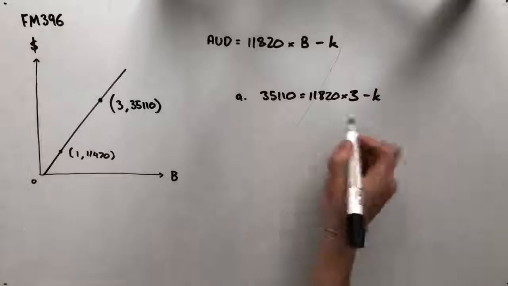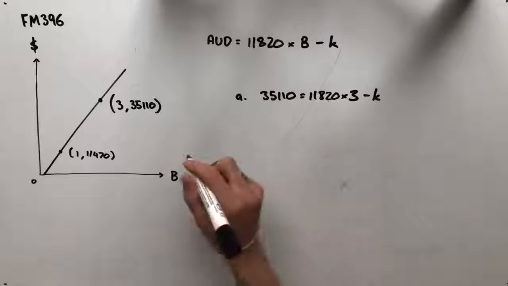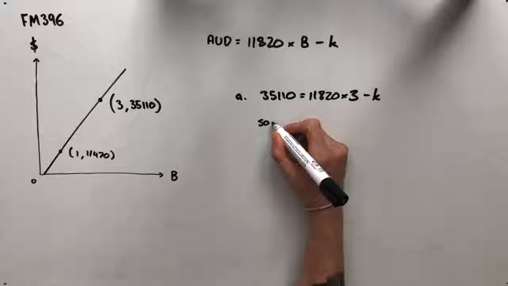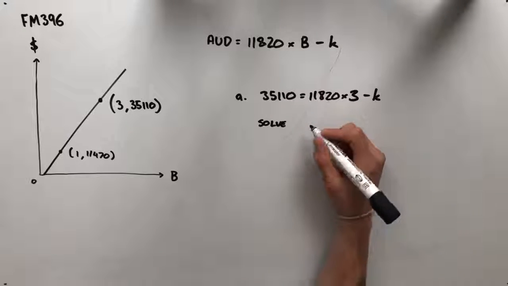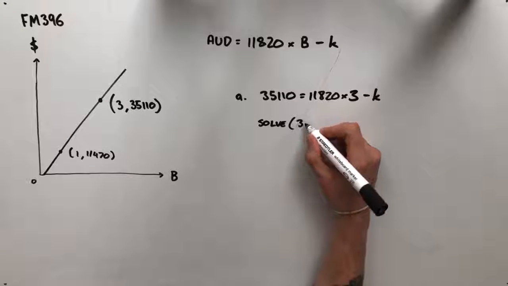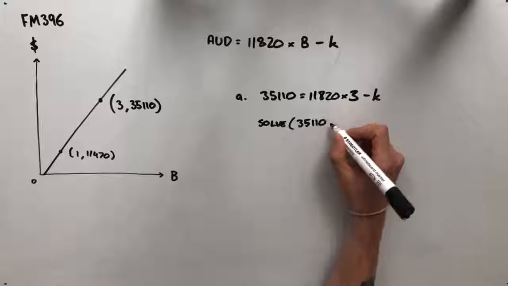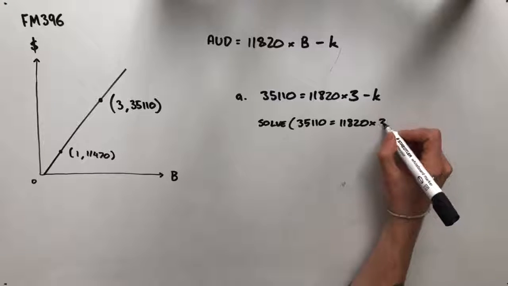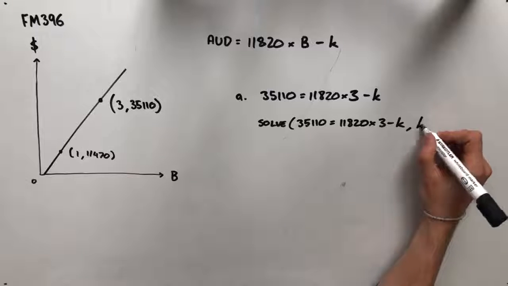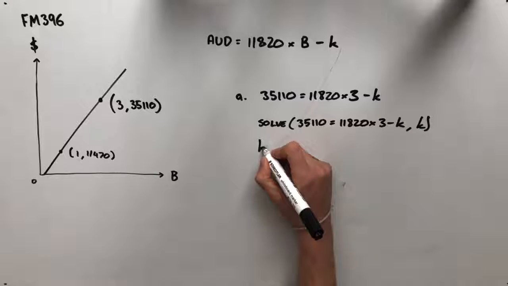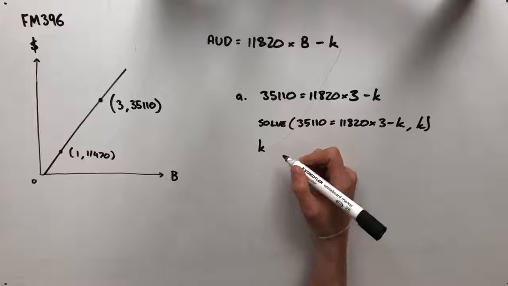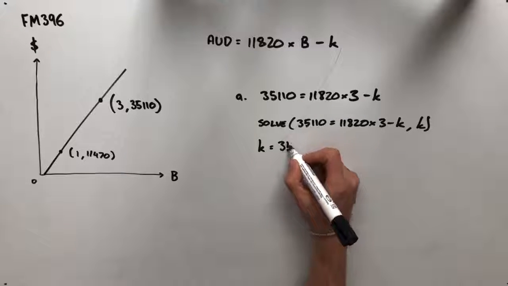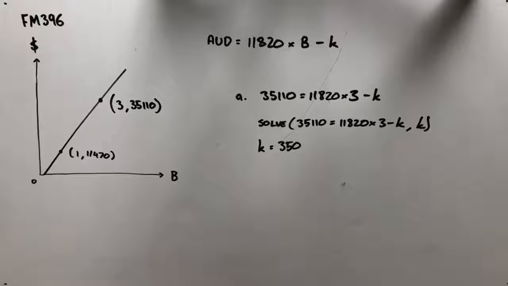Now from here you can solve this by hand or you can use the solve function on your calculator to help you out, but effectively what you're going to be doing is finding the value of K from this. So 35,110 equals 11,820 times 3 minus K, and of course we're solving for K, and coming out of this we should get a value of K equals 350.